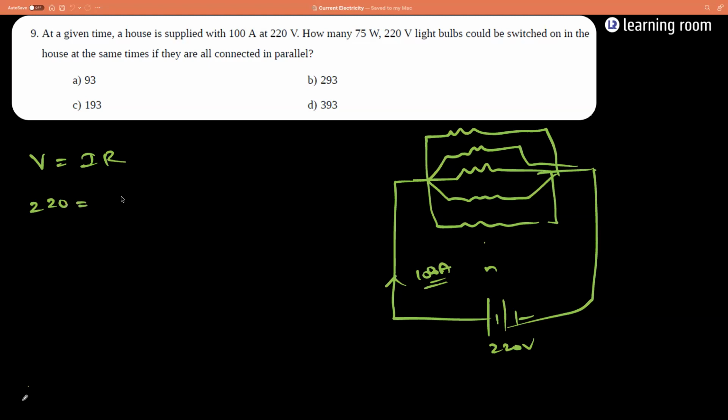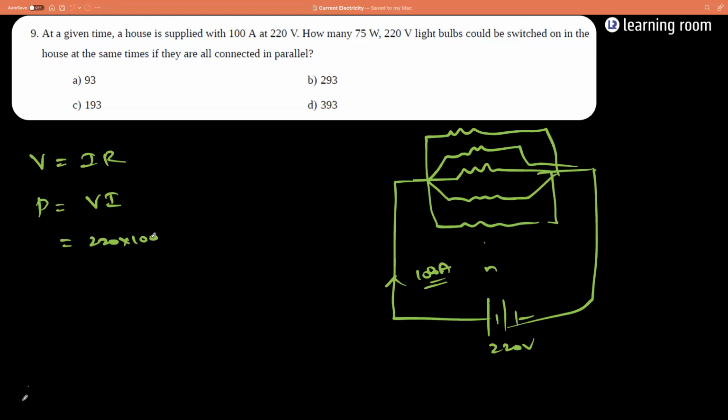Okay. Power will be equal to V into I. So how much is the value of power that you got? I just took it as 220 into 100. Yes, you need not multiply it.